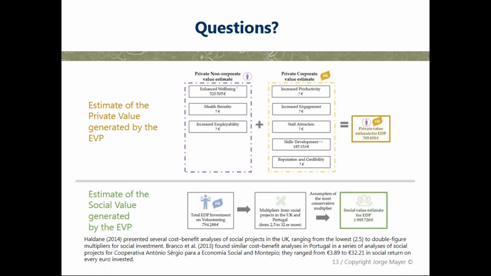So we went for the lowest ROI that we could find, to be as conservative as possible. And later, when we put these results into context, you'll see that it's conservative. So it's a basic and rough multiplication between the investment that EDP has in volunteering and this conservative multiplier to reach this social value estimate.